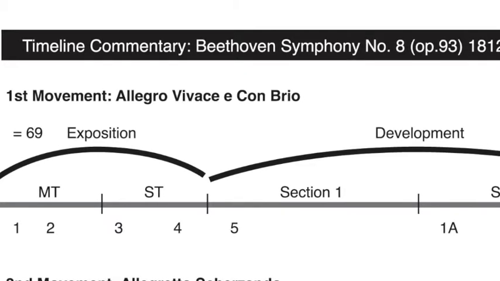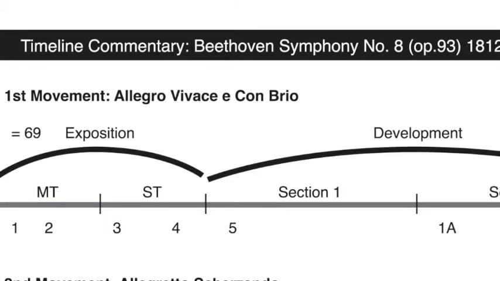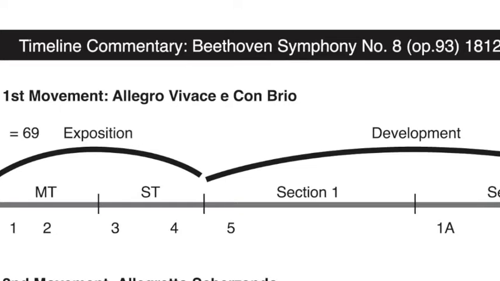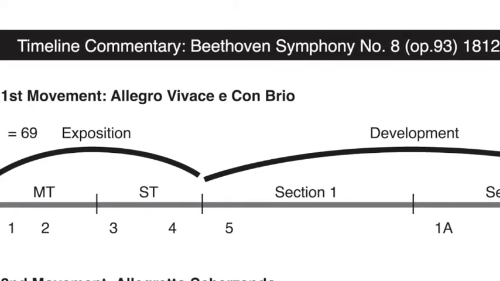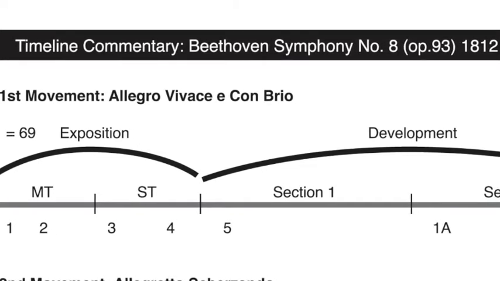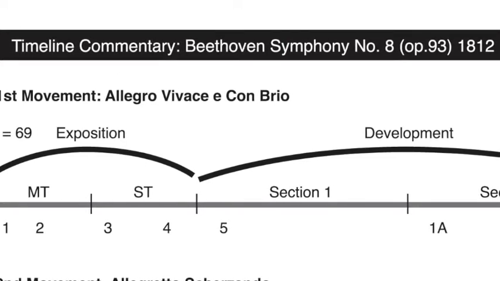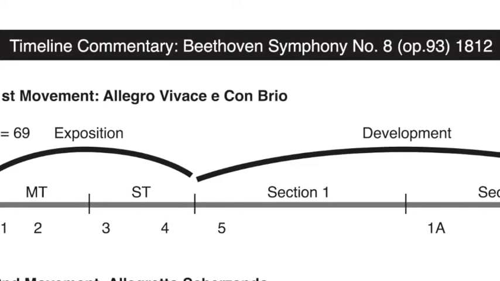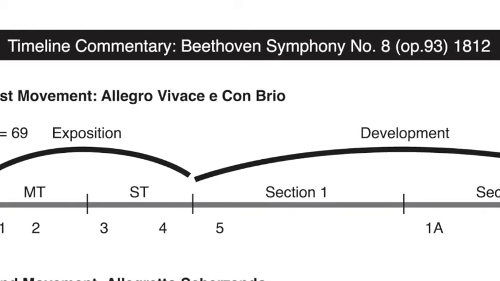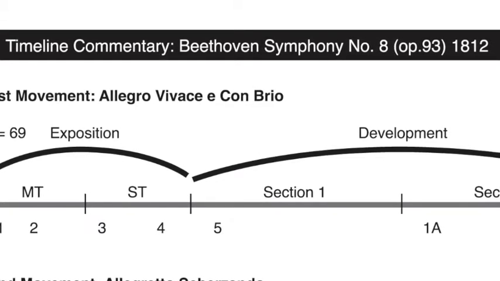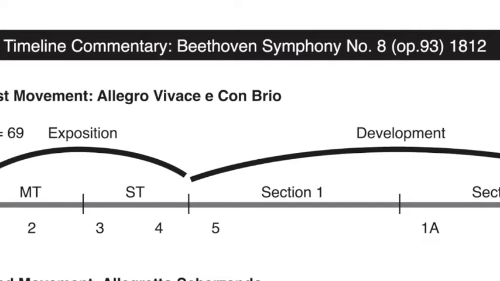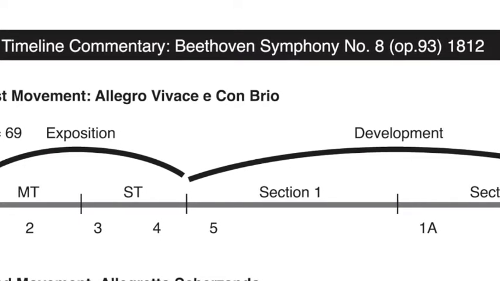to the 4th theme, the 4th motive, the second part of the sub-theme. And this is number 4. So you have 1, 2, 3, 4, and they complete the exposition. This is the first movement, Allegro vivace e con brio.